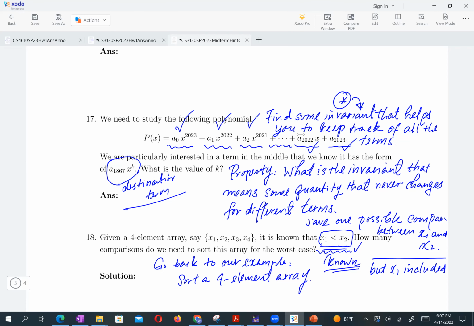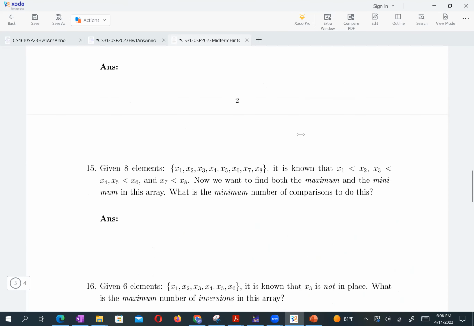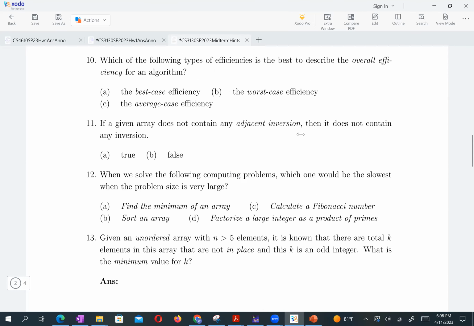Then next one, question number 6. From its form, it is a little complicated.